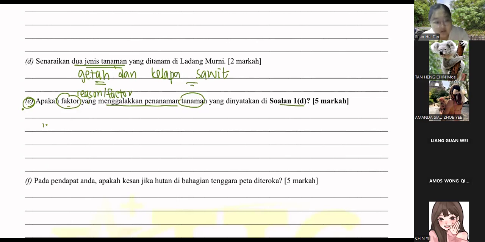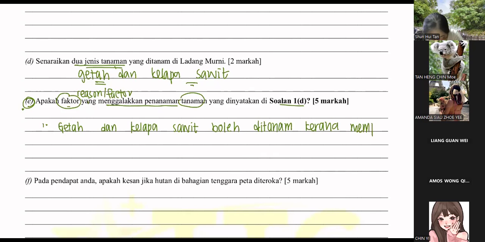You can say, okay, faktor yang mengalahkan penanaman tanaman, or you can say, getah dan kelapa sawit boleh ditanam, kerana normally, mempunyai tanah yang rata dan luas.